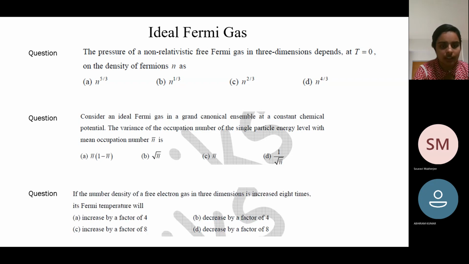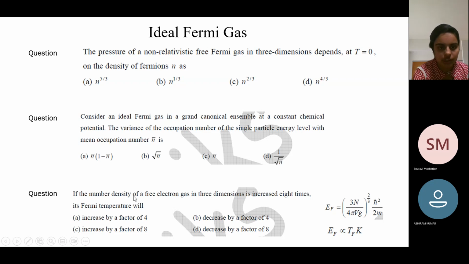Okay. So now another question is that if the number density of a free electron gas in 3 dimensions is increased 8 times, its Fermi temperature will be what? So the relation that we have to use is this, right? Here you can see that this is how your Fermi temperature, Fermi energy depends on the number density. Number density is given as capital N by V to the power 2/3, right?